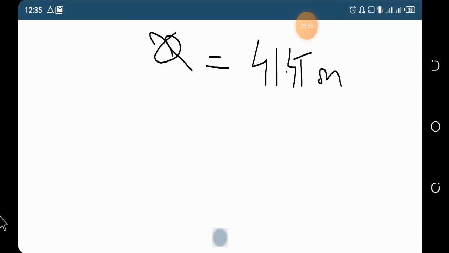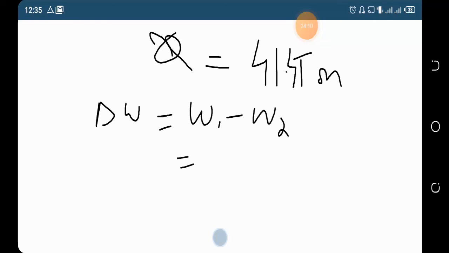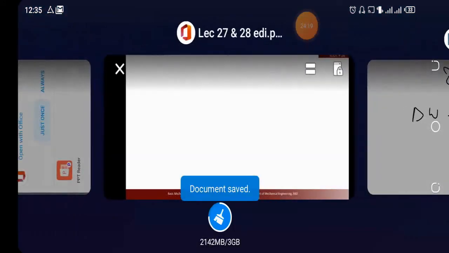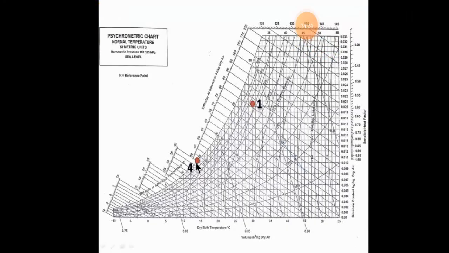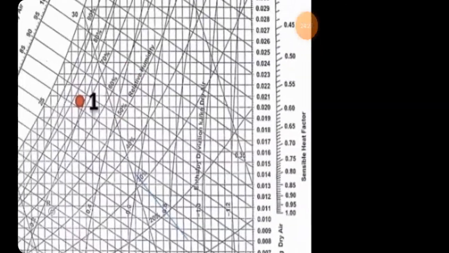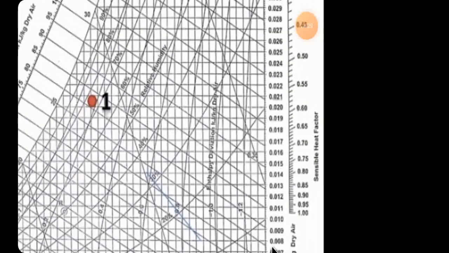It is very simple. Delta W is W1 minus W2. The W1 value is 0.02; you can take 0.0205 for more accurate purposes, as you can see from this graph.